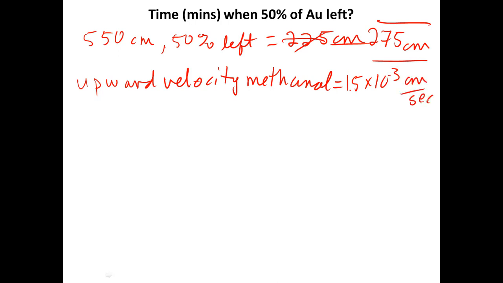But we've calculated a downward velocity of gold. Is that corrected value? It's 0.02.